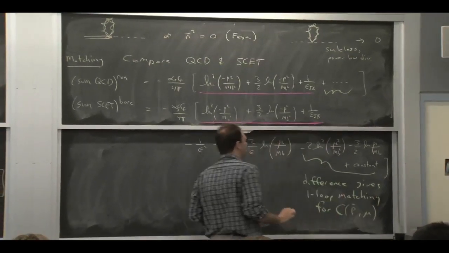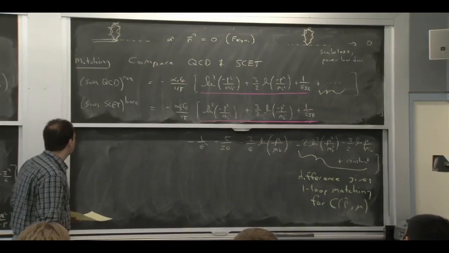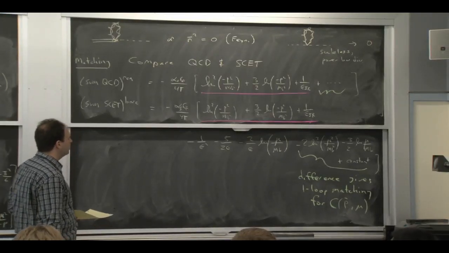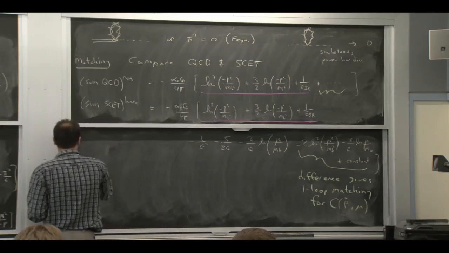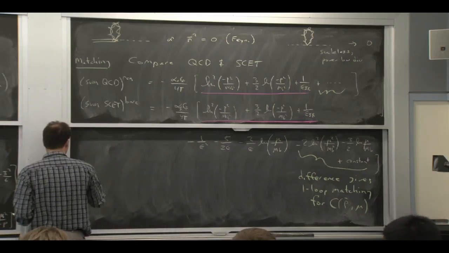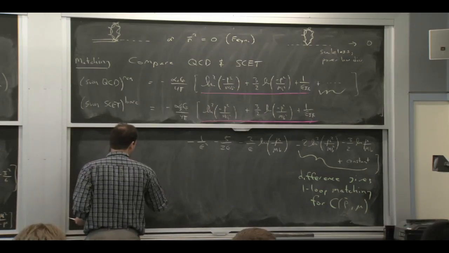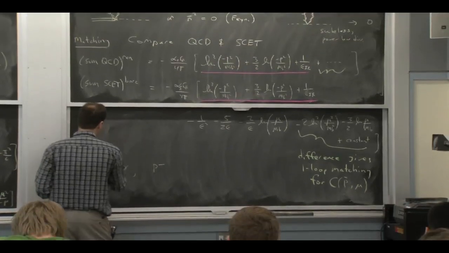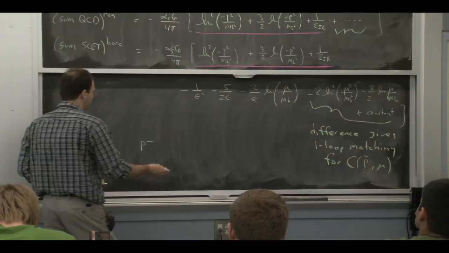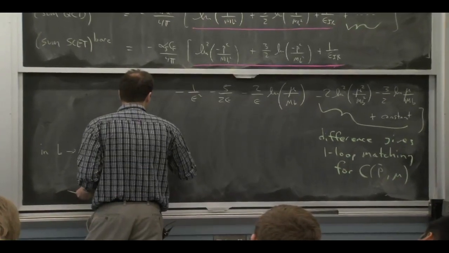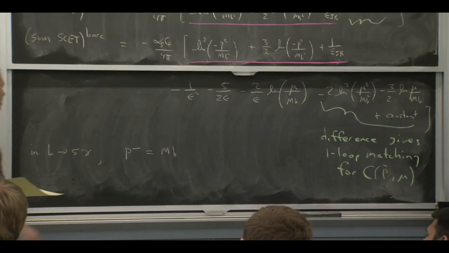Now, we said that the Wilson coefficient could be a function of p bar. So what's going on with that? Well, if you look at momentum conservation in this process of b to s gamma, probably should have said this earlier, the p minus of the strange quark has to be equal to the p minus of the b quark, but that's just m_b. So actually p minus is equal to m_b by kinematics.